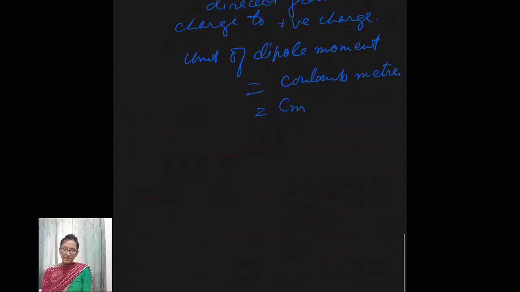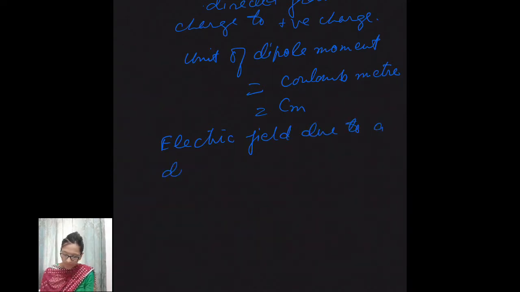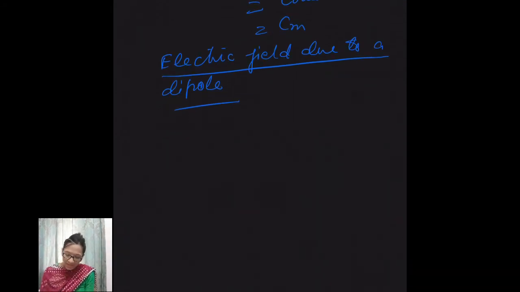Now let us find electric field due to a dipole. Number one, at an axial point.